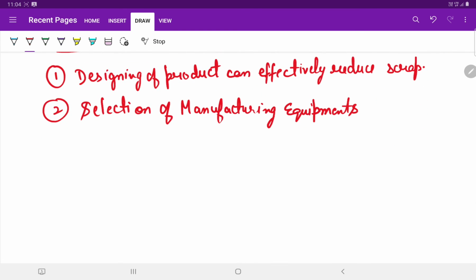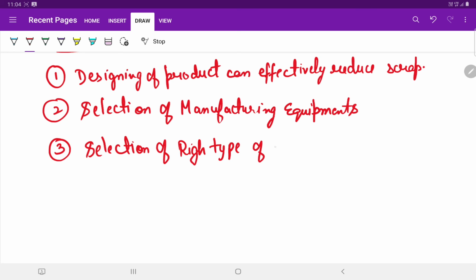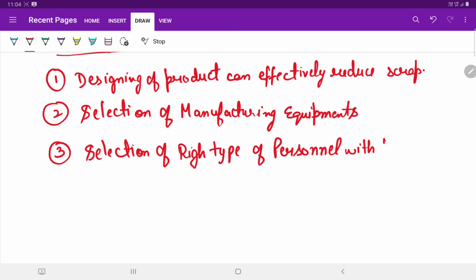And thirdly, by selecting the right type of personnel with proper training and experience so that they can handle the materials properly, thus reducing the scrap.